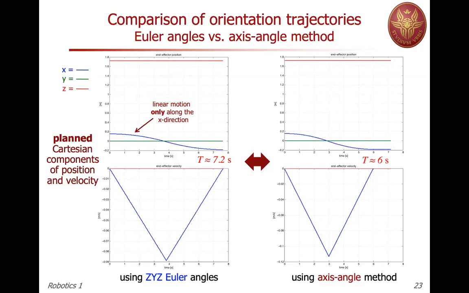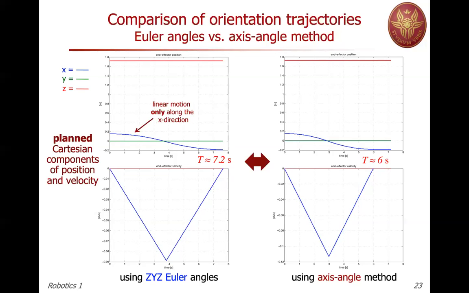Well, that's not the case, because we follow the same, if you remember the other example that we treated last time, we give a timing law for all components at the same time. So we give a timing law S of time between 0 and capital T, and this S maps into the linear path, which is parameterized by S, or in the angular part of the axis angle method, which is an angle parameterized by S, which goes from 0 to the full rotation needed, or in each single component of a linear path parameterization for the three angles.